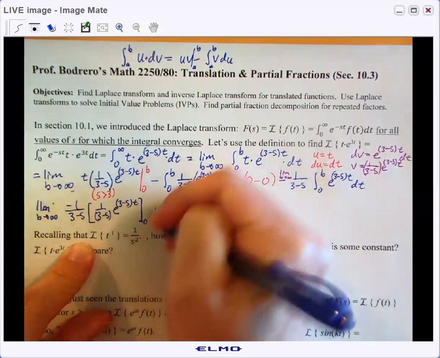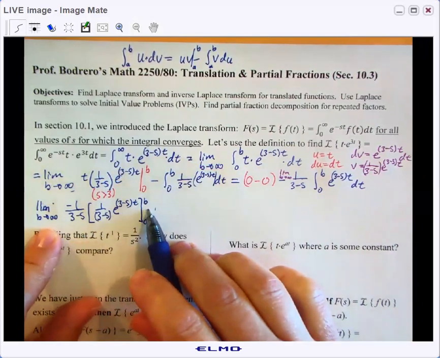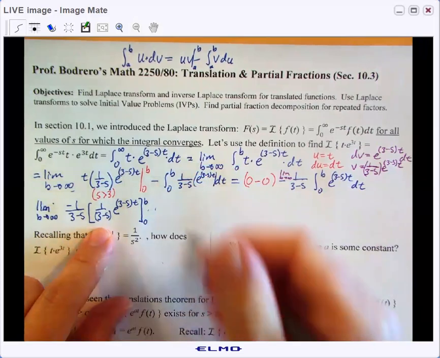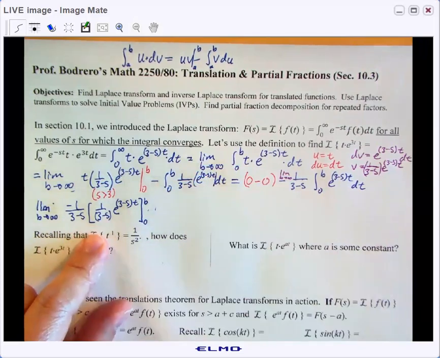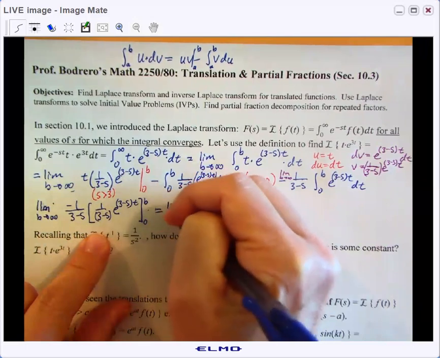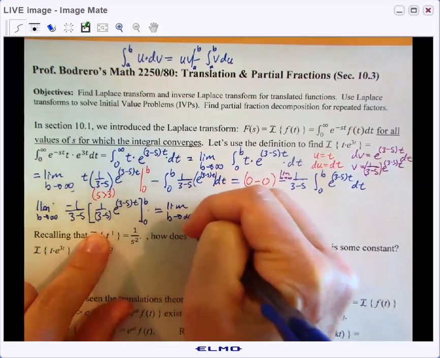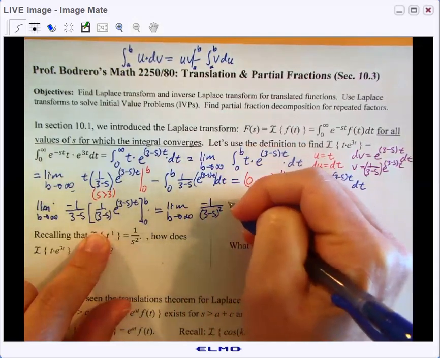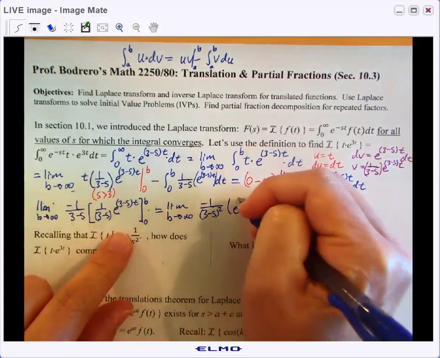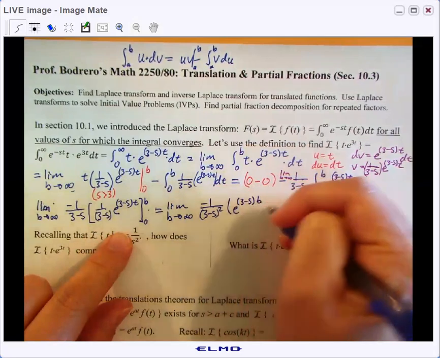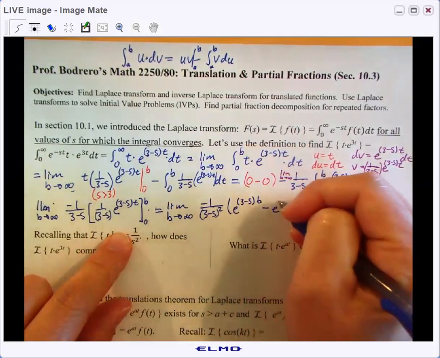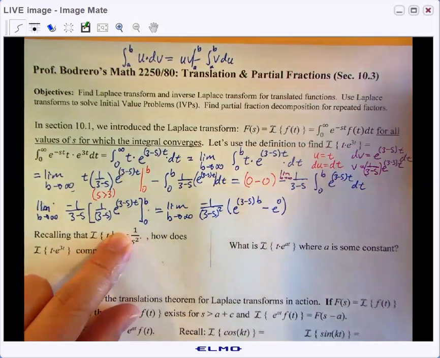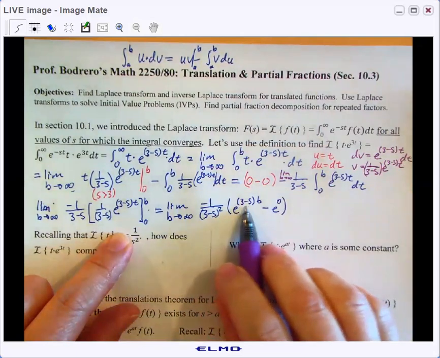And we're going to evaluate that from 0 to b, and then let b go to infinity. So s is a constant, so 3 minus s is still a constant. I'm going to write this as the limit as b approaches infinity of negative 1 over (3 minus s) squared times e to the (3 minus s)b minus e to the (3 minus s) times 0, which is 0.